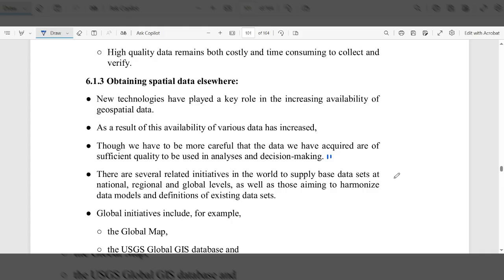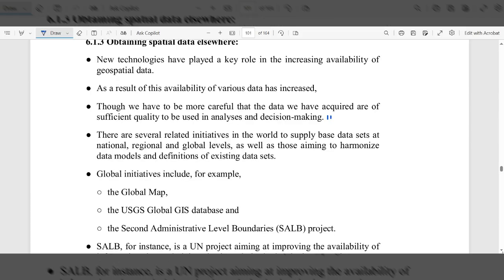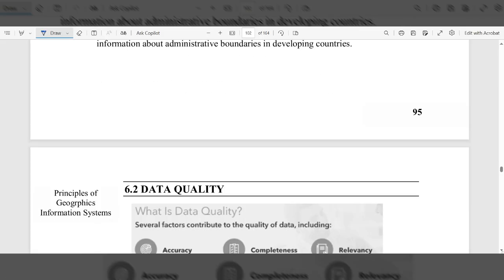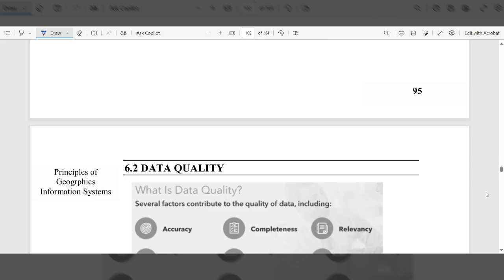So services are available, just like a GIS service. So global initiatives include the Global Map, USGS global GIS data sets, or the Second Administrative Level Boundaries SALB project, right? It is a UN project for improvement of availability of information about the administrative boundaries in developing countries, right? So these are the different commercial services. So this is the first point we completed. Okay.